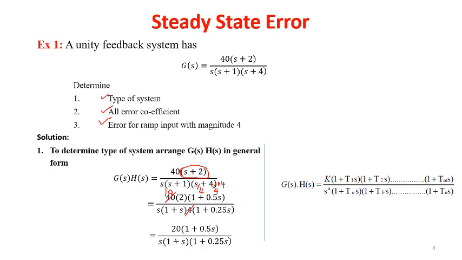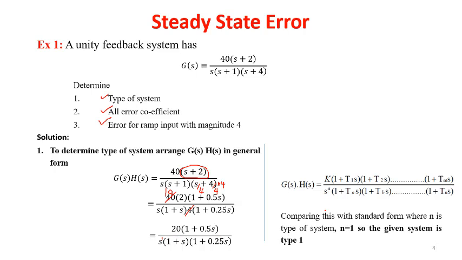So when we compare the right hand side with this generalized form, we get to know that K is equal to 20, and the power of S is 1, so n is equal to 1.